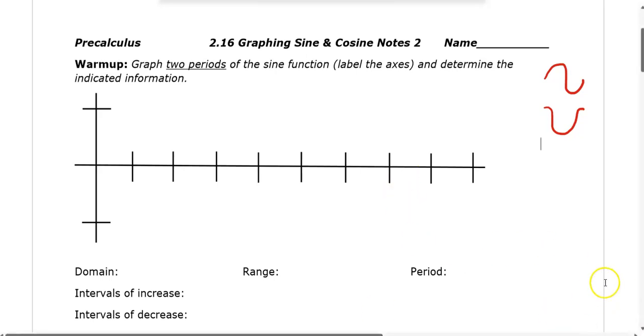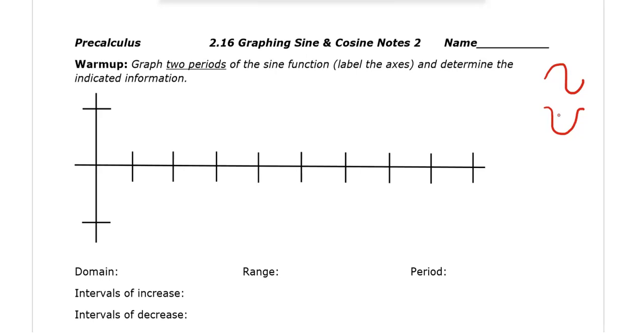Obviously, this isn't truly an S, it's kind of backwards, and this one is not on its side, but kind of pointing up. But that's the way I tell people to remember it, so that you can tell the two apart.